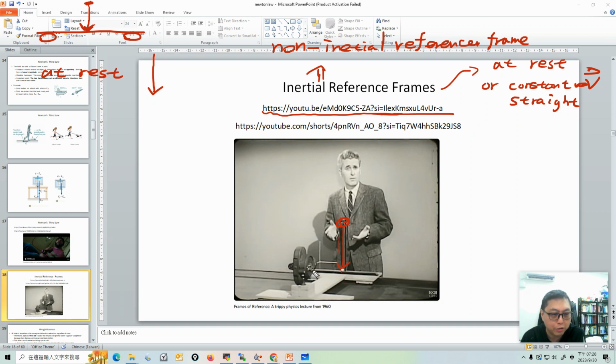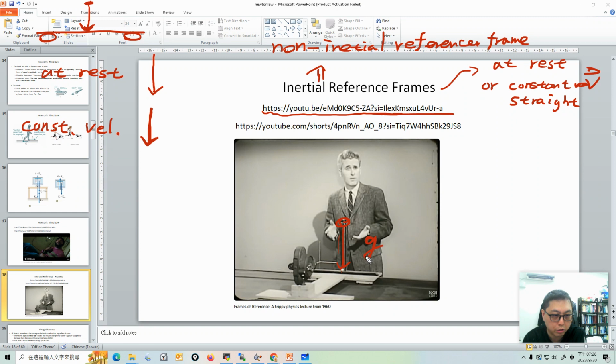When the camera has a constant velocity in a straight line and observes this free-falling phenomenon, you will see the same phenomenon: the ball drops in a straight line, because in this system, only gravitation is the only force.